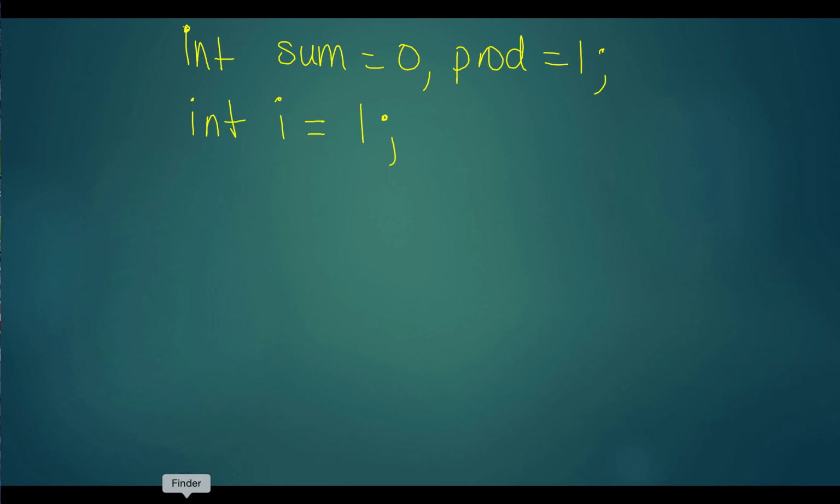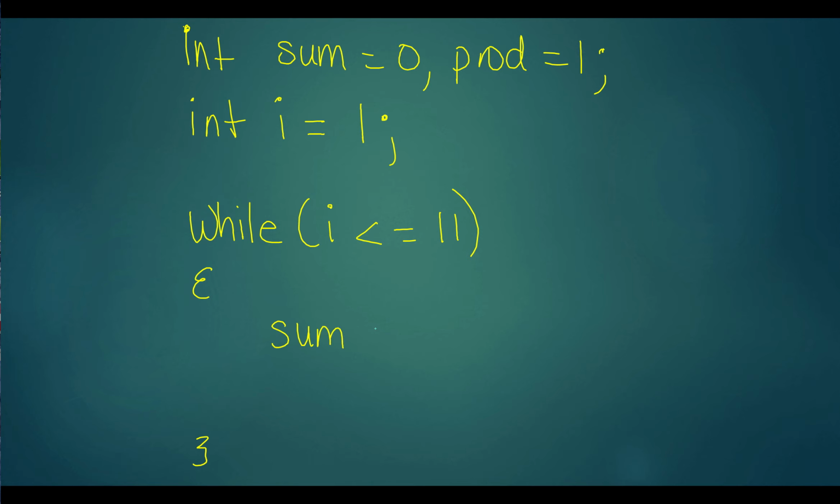So we have I equals 0. Then we have while I is less than or equal to 11. That was our test condition. And what we're going to do here is calculate the sum and calculate the product and update I.